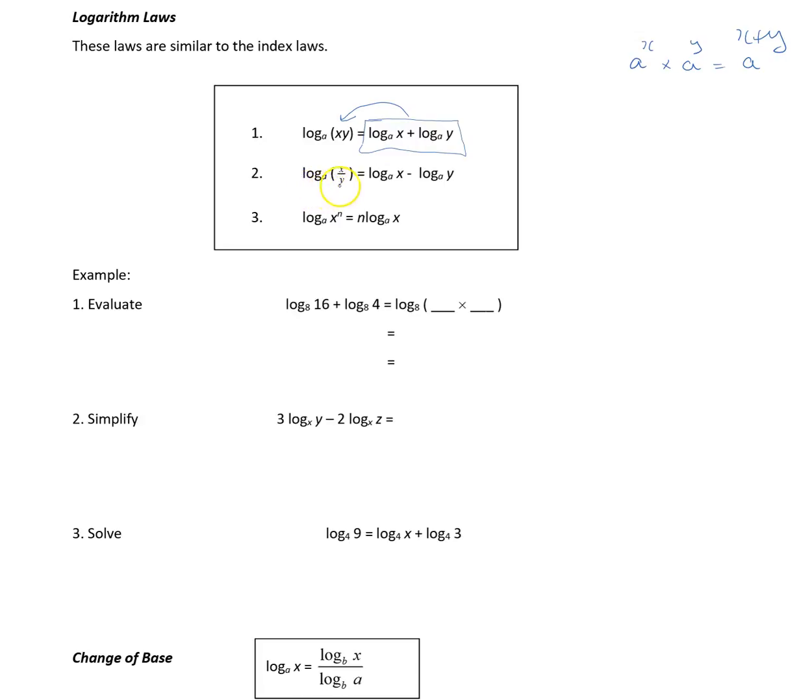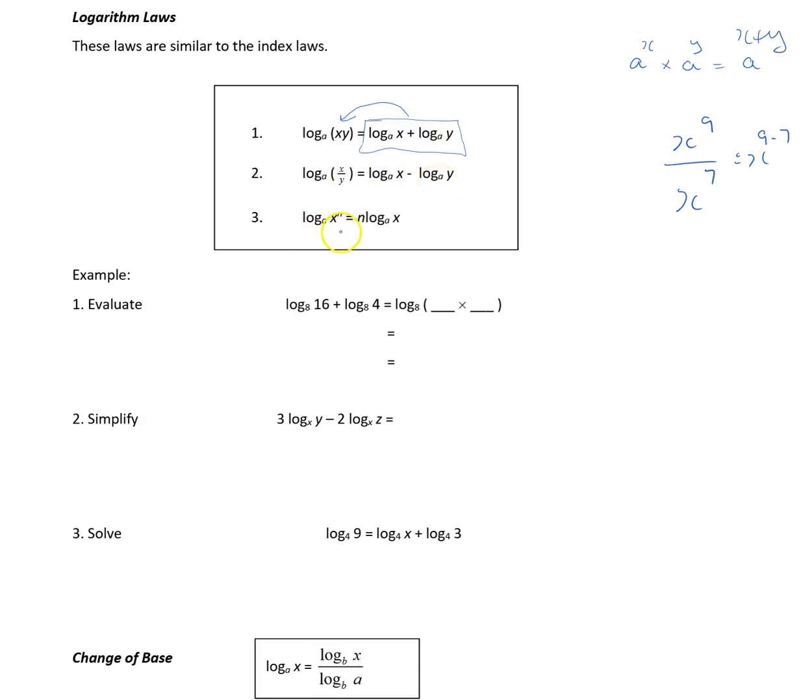If you've got the log to a given base of a quotient, x over y, then we subtract the logs, the top minus the bottom. Again, it's a little bit like indices, top index minus the bottom index. So when you've got x to the 9 on x to the 7, we subtract the indices. We're taking the log of a quotient and we're subtracting them.